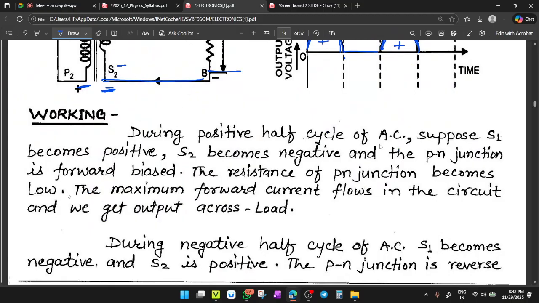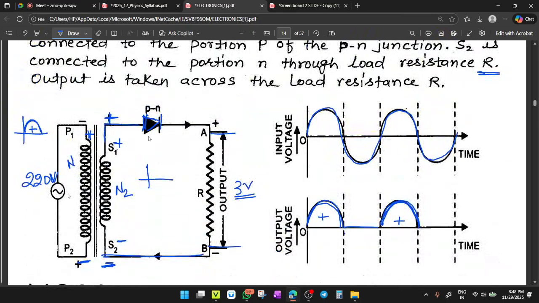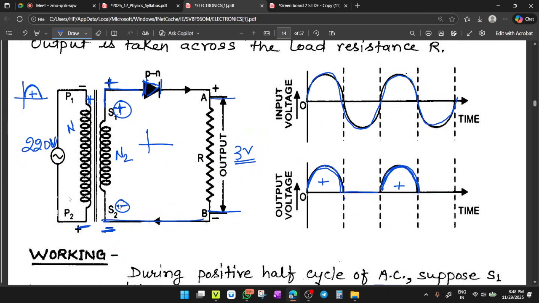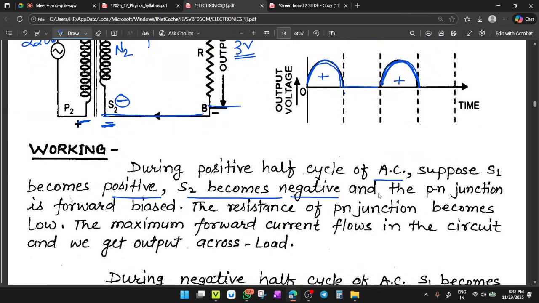During the positive half cycle of AC, suppose S1 becomes positive and S2 becomes negative, then the PN junction becomes forward bias.